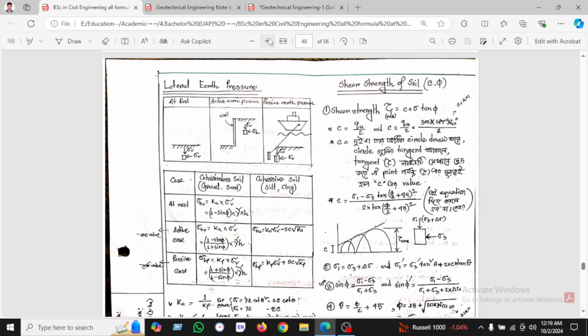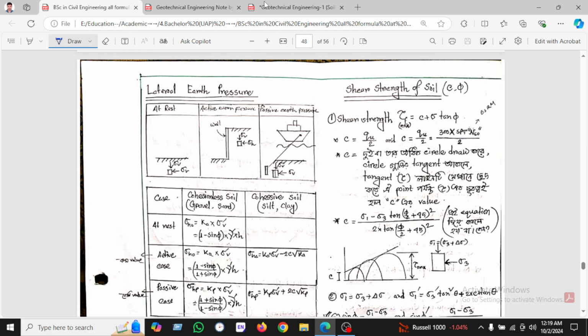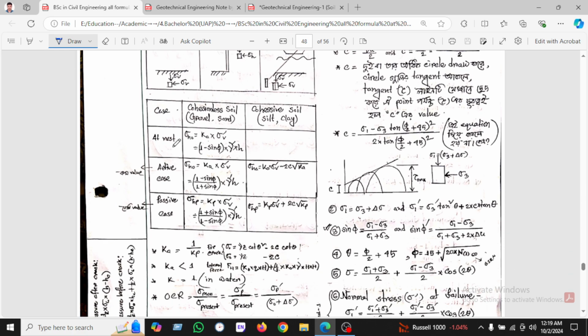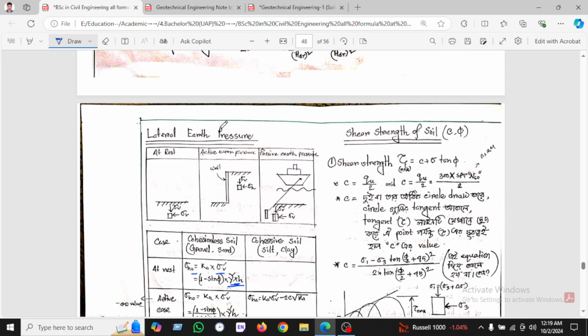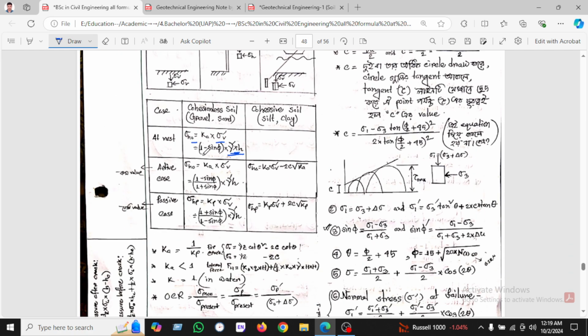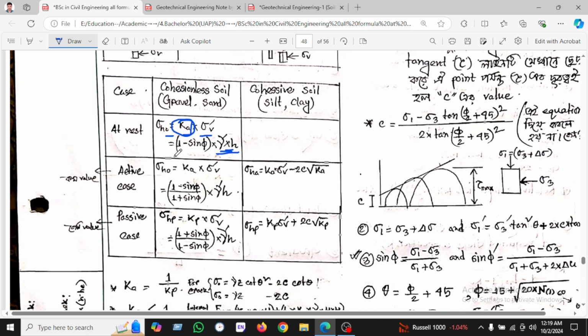Here are some formulas. When we calculate the vertical earth pressure, we use gamma prime into z. On the other hand, when we calculate the lateral or horizontal pressure, we multiply by a coefficient which is K. So K will come out for the at rest case, the active case and the passive case.